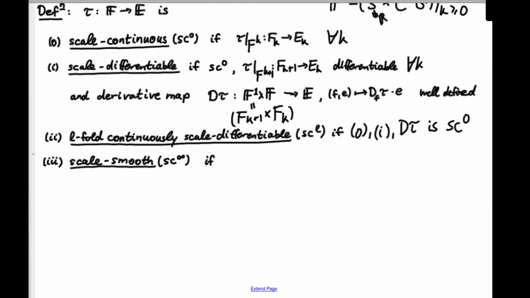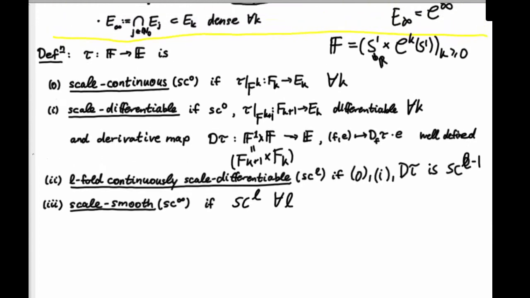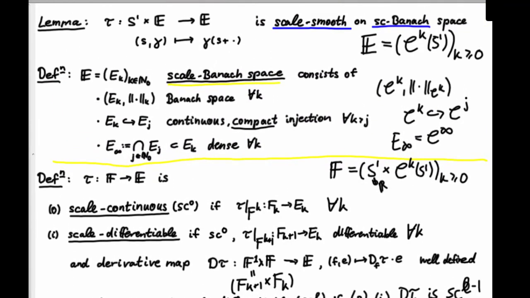And then once I know what SC1 is, I know what SC2 is, and so on. And then I can say scale smooth if it's SCL for all L. And the previous list of facts is then exactly the proof that this reparametrization map is scale smooth.